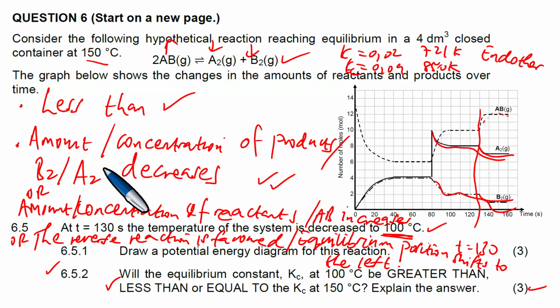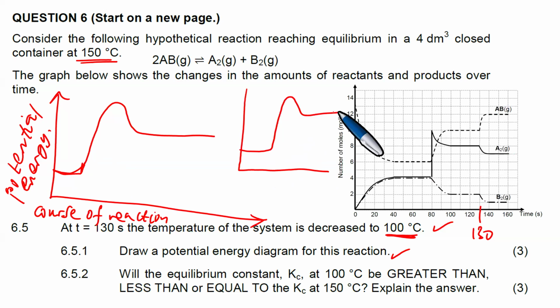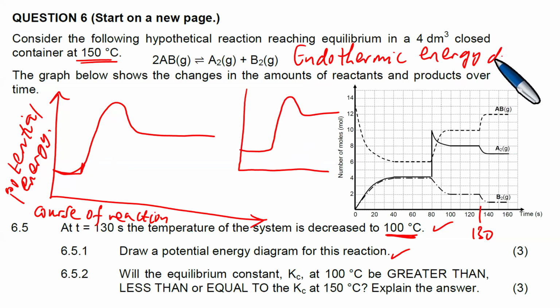I want to mention some properties that you just need to remember from grade 11. So I was looking at this potential energy diagram. This is enough to draw in the exam, but there is more that you can do from grade 11, because, for example, this is the endothermic energy diagram.